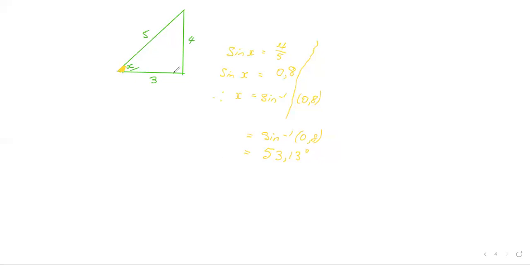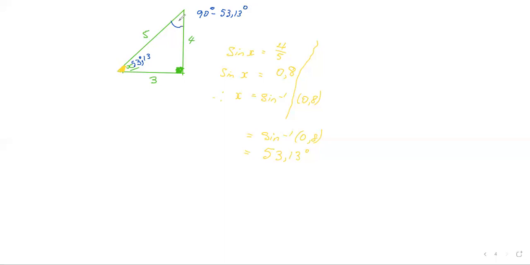Now, this one here is a right angle. And if this one here is 53.13, therefore, this one will be 90 minus 53.13 degrees.